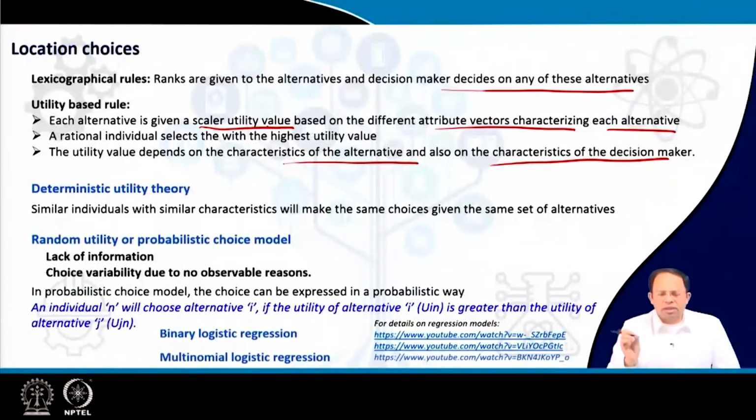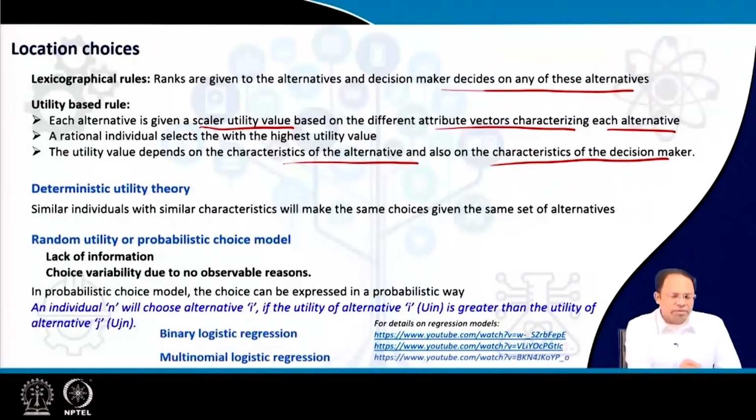One value is given which is based on many criteria. Now I can give different weights to these criteria, that is possible, but at the end of the day we have created a score which represents all these attributes or characteristics which define this particular alternative. And along with that, there could be certain characteristics of the individual which also contribute to this utility value.